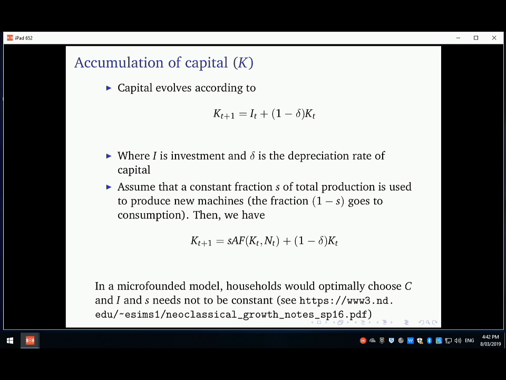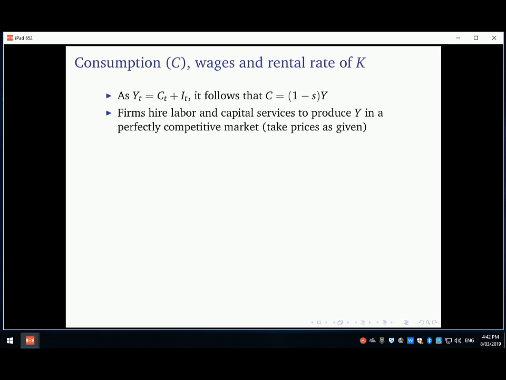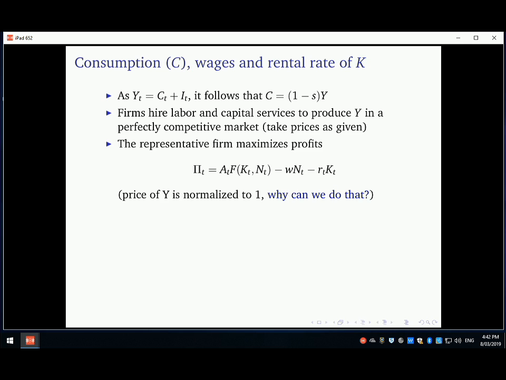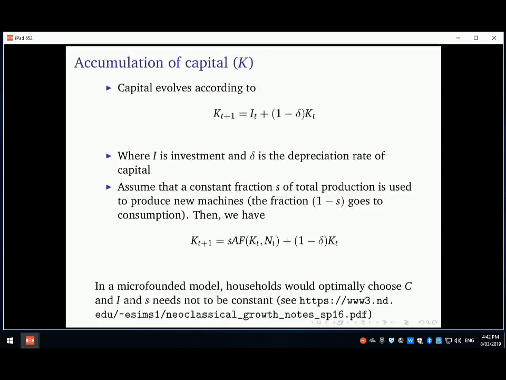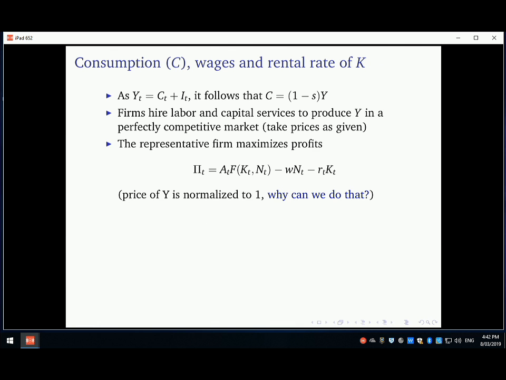Okay, so let's keep going then. What we have here is the equation that determines the evolution of capital over time. Now we need to understand how wages and the rental rate are determined in equilibrium.